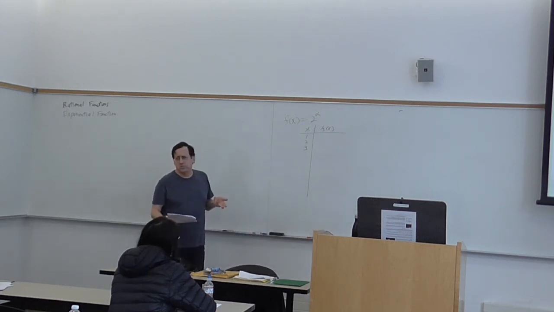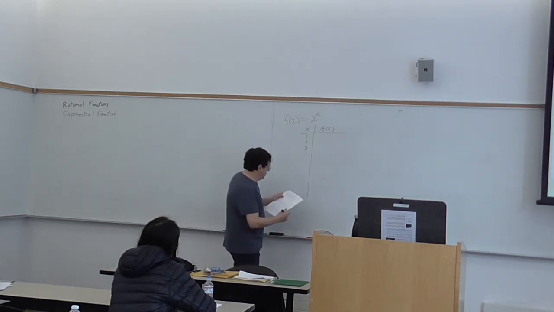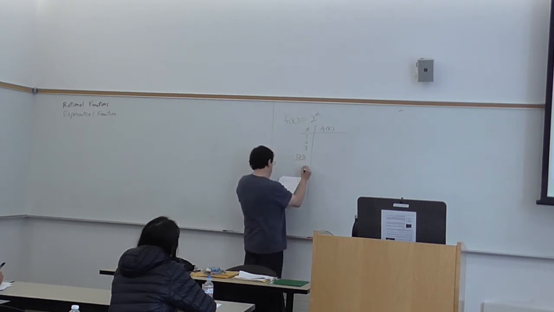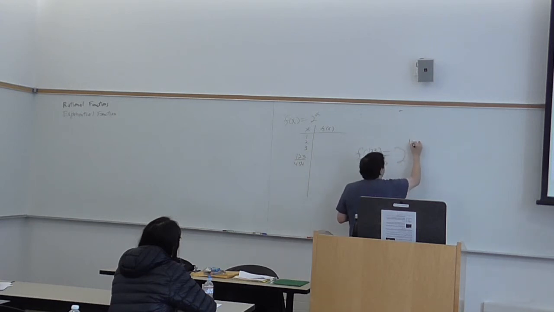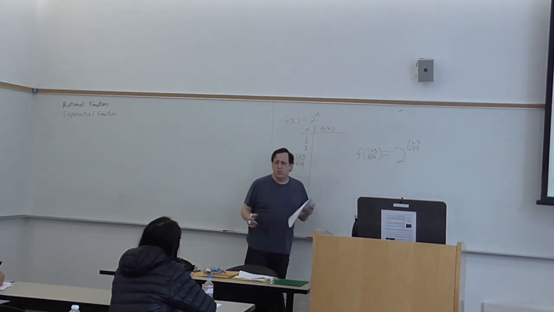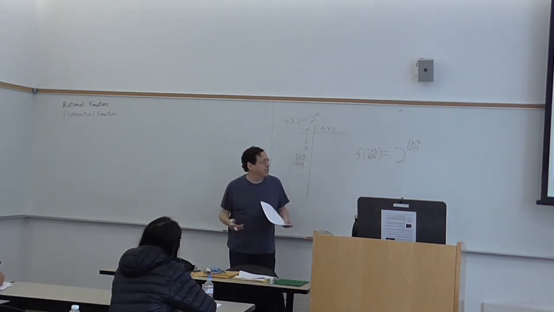What if x is a fraction? All right, let's say x was 123 over 454. And I want to know what f of 123 over 454 is. That's 2 to the 123 over 454. Well, fortunately, we know what that is, right?